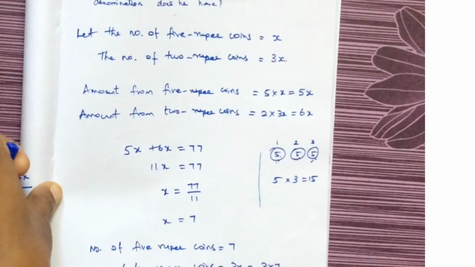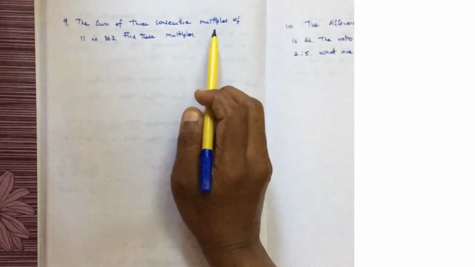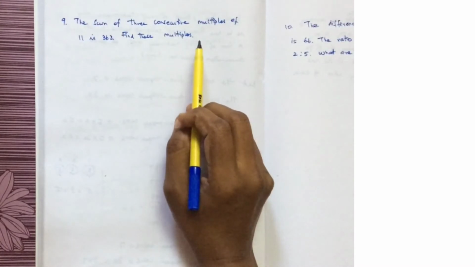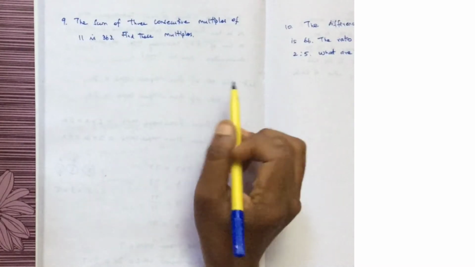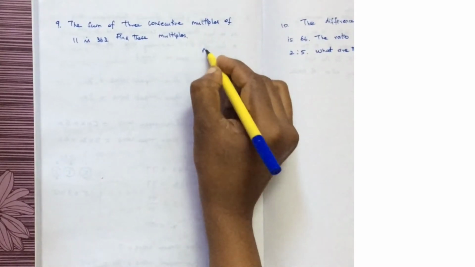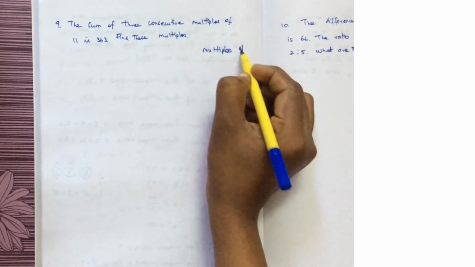Okay. The next sum is, the sum of 3 consecutive multiples of 11 is 363. Find these multiples. First you should know what multiples of 11 are. What are multiples of 11?